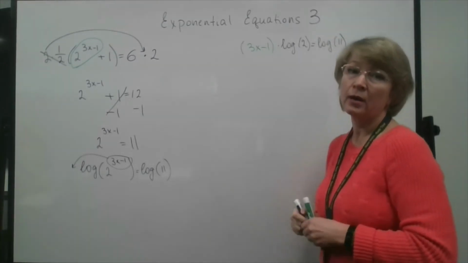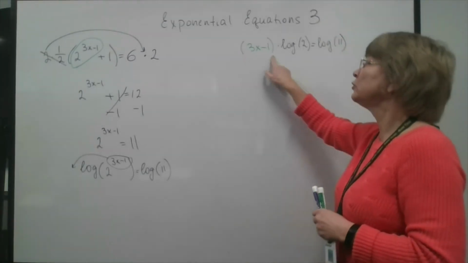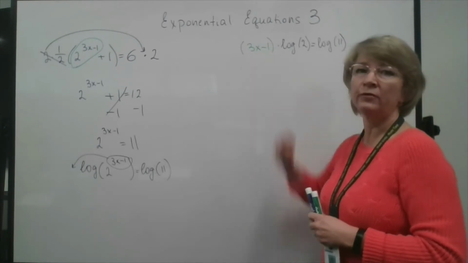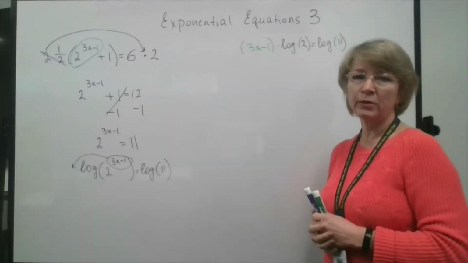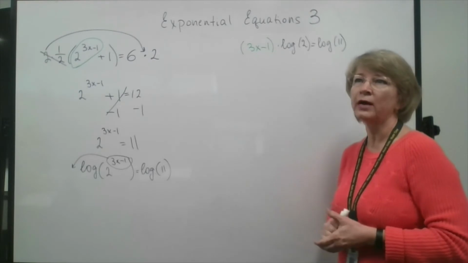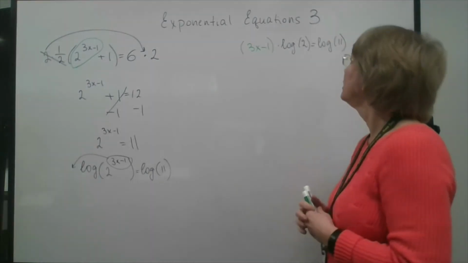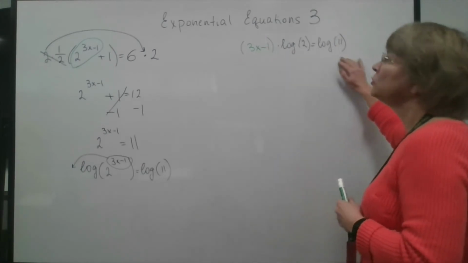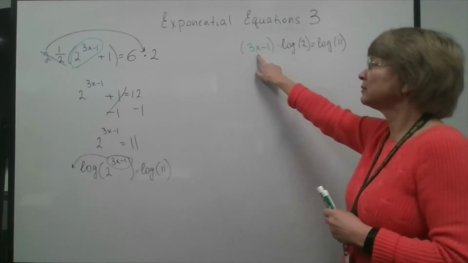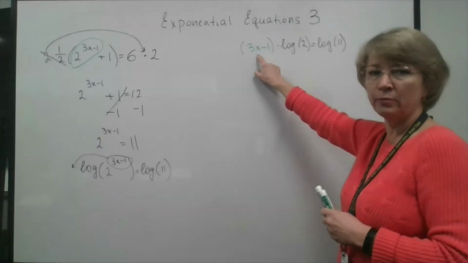One more time, please check that you put the exponent inside of parentheses. It's extremely important because then you have to use the right order of operations. We moved to a linear equation. My x is not an exponent anymore.